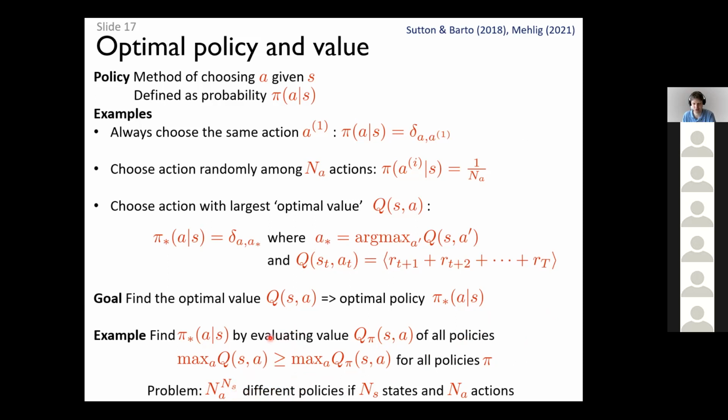So only for very small state and action spaces would this be feasible, but in principle, one can do it. And then there are different versions where one does not evaluate all policies, but some sampling of policies, Monte Carlo methods where you sample different subsamples of policies. So that's one way to try to solve the problem.